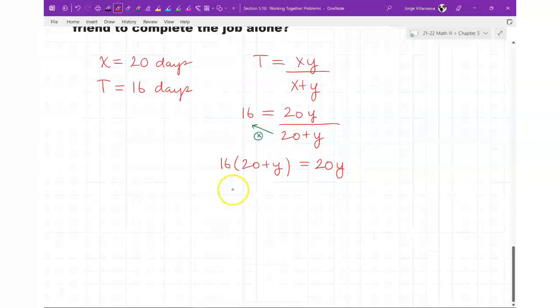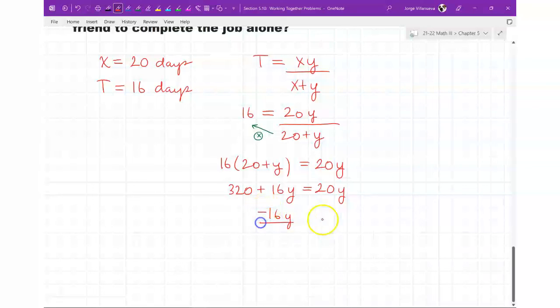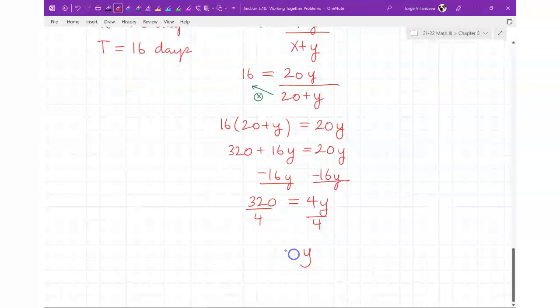So that's 320 plus 16Y equals 20Y. So if we subtract 16Y on both sides, I get 320 is equal to 4Y. So if I divide by 4, what's my answer? 80, right?